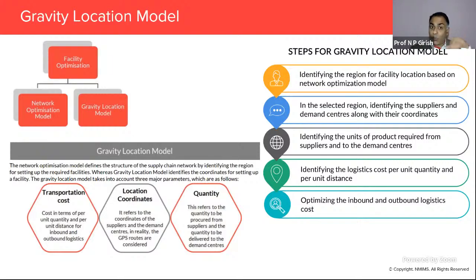Got it? Is it a rural area? Is it an urban area? Then what will be the variable? Fixed cost in setting up a plant or DC in an urban versus rural, which will be higher? Fixed cost. Possibly rural is lesser, right?